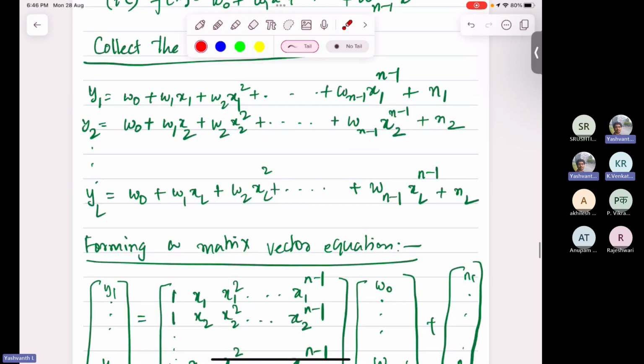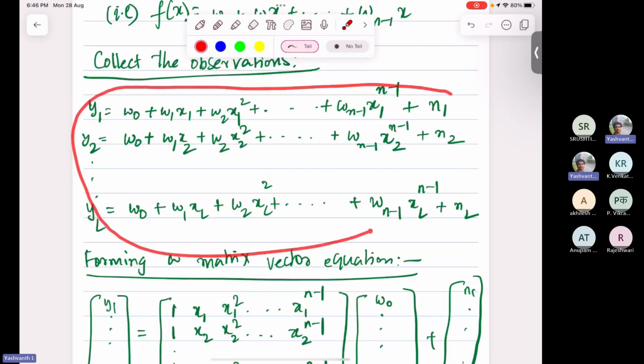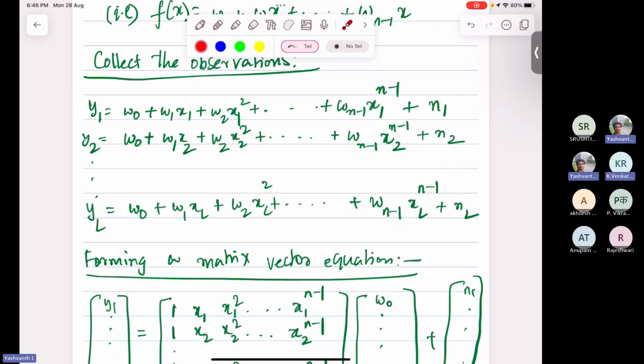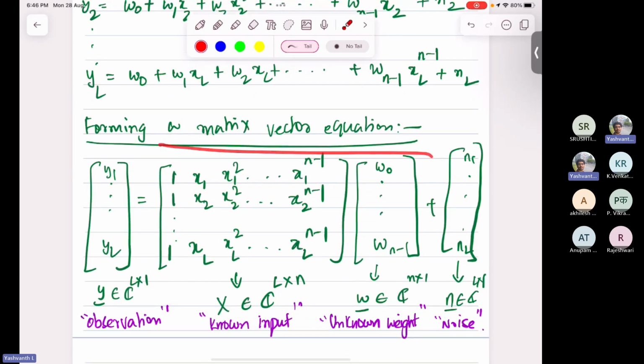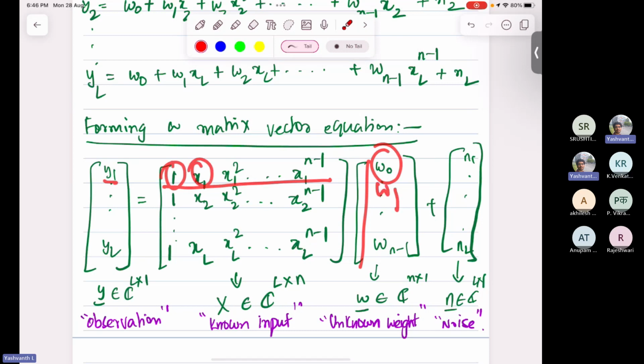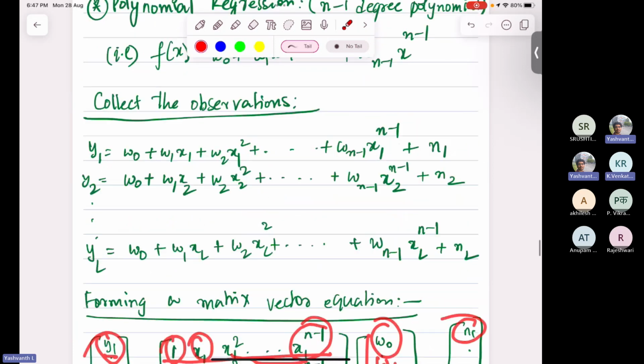So I can write all these input-output relationship equations as a matrix vector relation. If you multiply the first row, 1 times w naught plus x1 times w1 and so on till x1 power n minus 1 times w n minus 1 plus n1, it will give y1. That is my first equation.